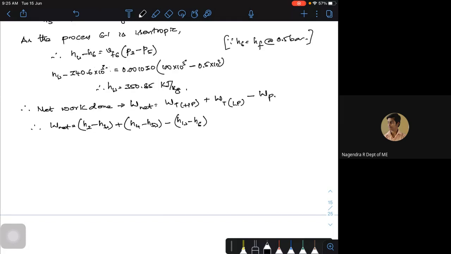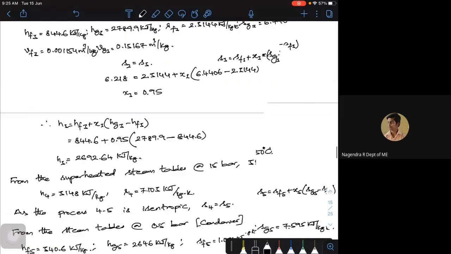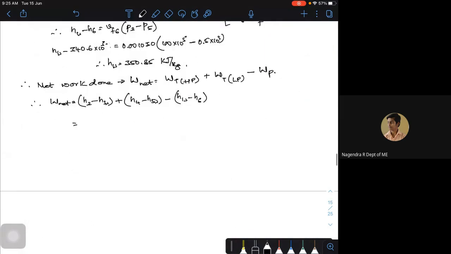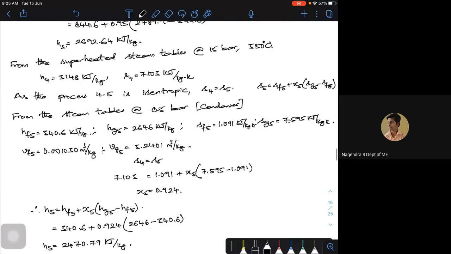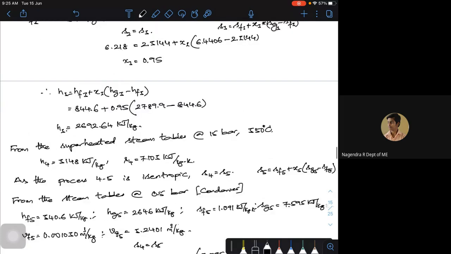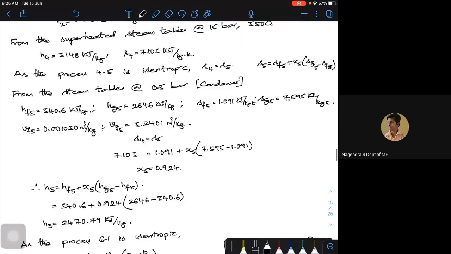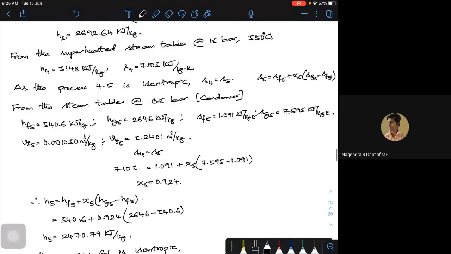What is your H2? H2 we just found is 3099.9, minus H3S, which is 2692.64, plus H4, which is found to be 3148.